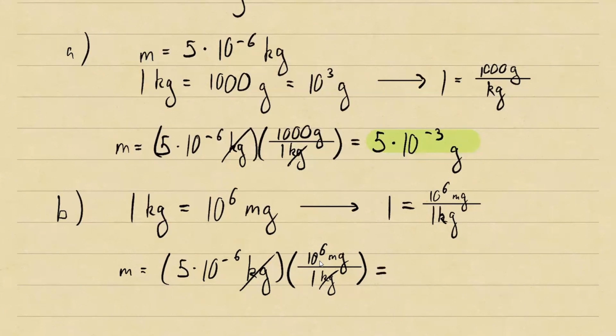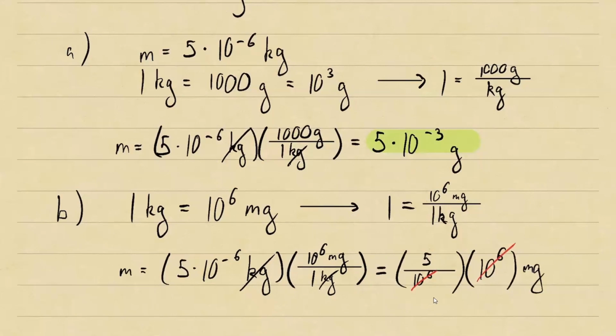Actually, let me just rewrite that. So this first thing in parentheses is equal to 5 divided by 10 to the 6, excuse me. Multiply by 10 to the 6. Units of milligrams. And you see that the units of milligrams remain, and these 10 to the 6s end up canceling out, right?